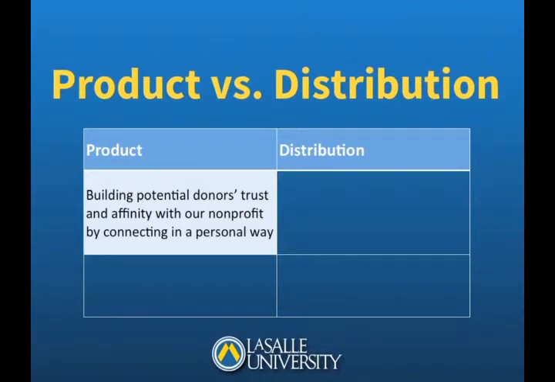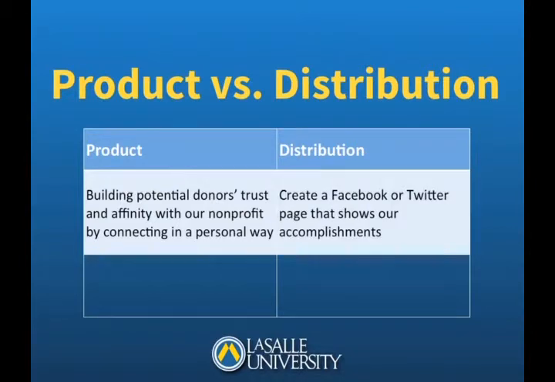So what's the new media channel in which we could do that? How about a Facebook page or a Twitter page that shows our accomplishments, where we can interact with these potential donors, talk to them, and actually have a conversation? So that's one: the product, and the second is the actual distribution channel in which we would do that.